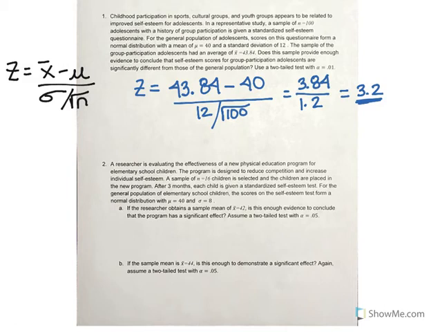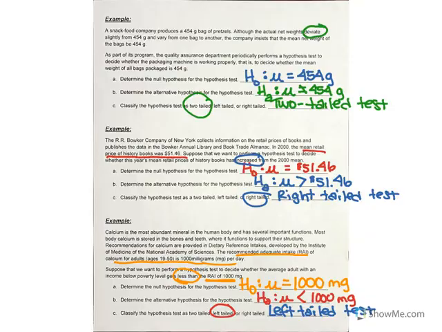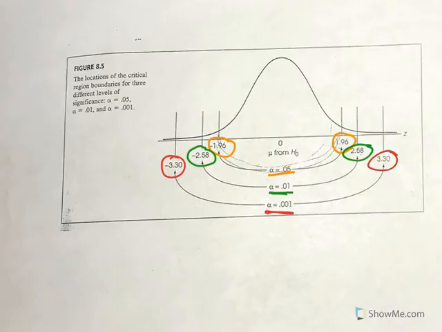Now, it says that we're going to use a two-tailed test where alpha is 0.01. So if we look at our chart at 0.01 level of significance, our critical boundaries are from negative 2.58 to positive 2.58.